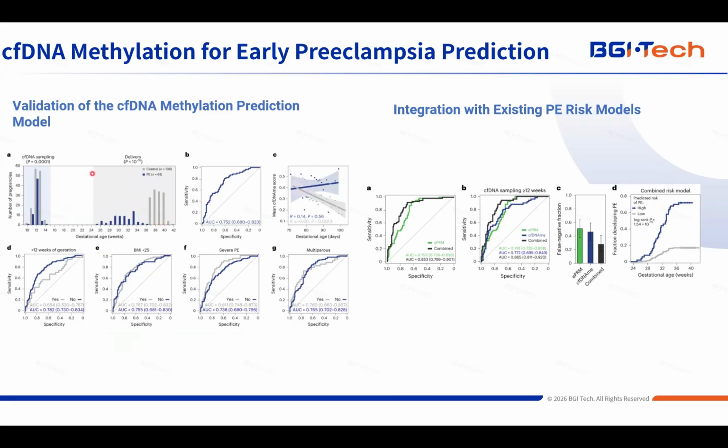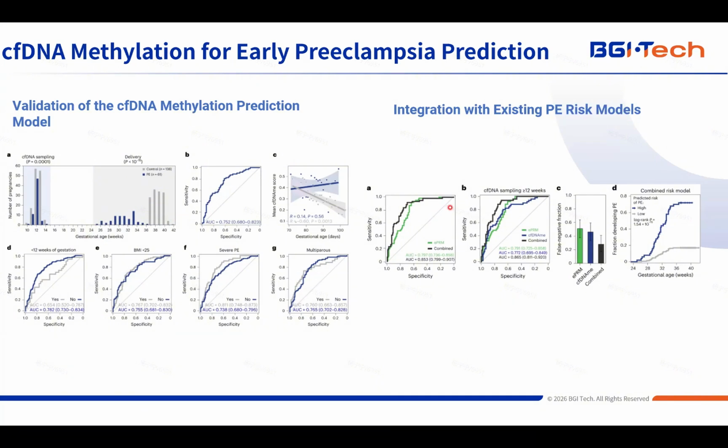The results were consistent with those from the discovery cohort, demonstrating good predictive performance across different clinical subgroups. In addition, the cfDNA methylation score gradually decreased with gestational age in the control group, whereas it remained relatively high in patients with PE.